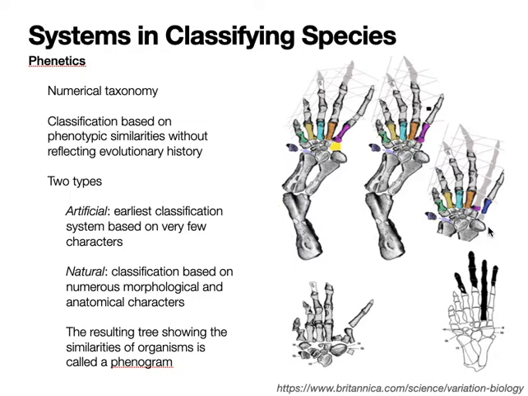However, when we say it's a natural phenetic classification, our classifications are based on morphological and anatomical characters that are many at the same time. So if we try to compare artificial and natural, natural classification gives a better resolution of the organisms that we are to classify, simply because we are considering many character states at once.